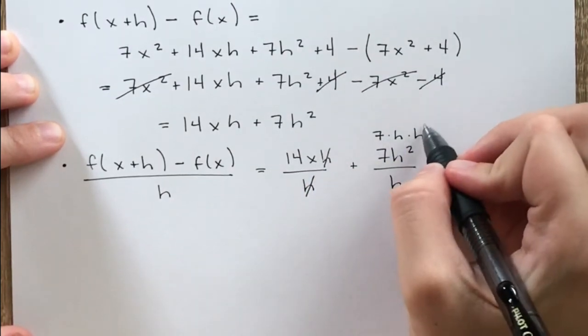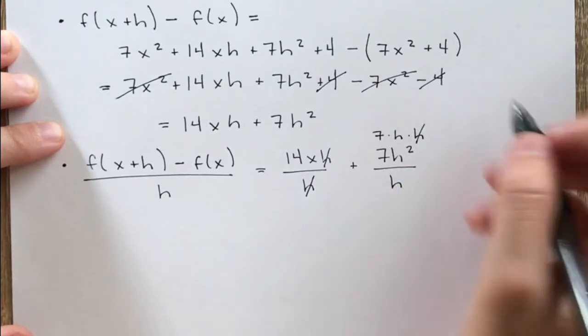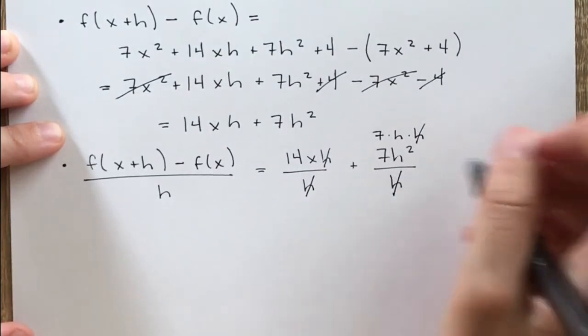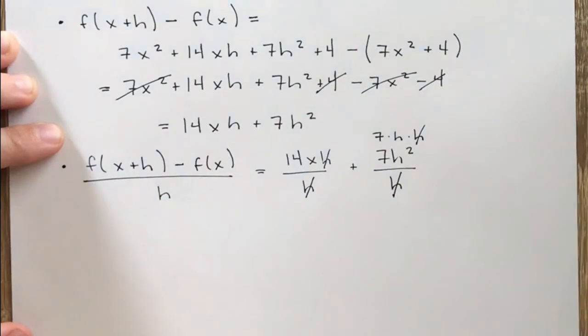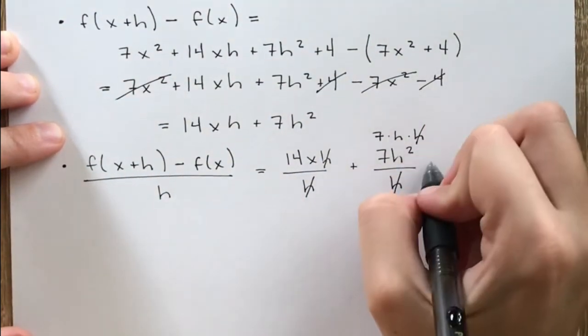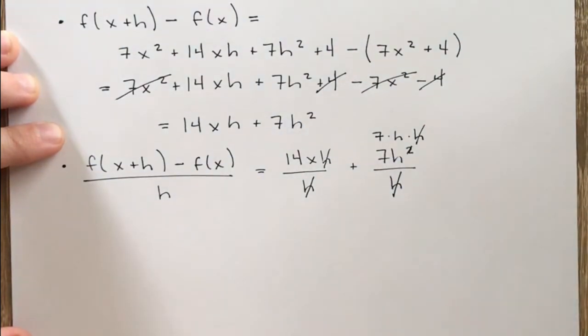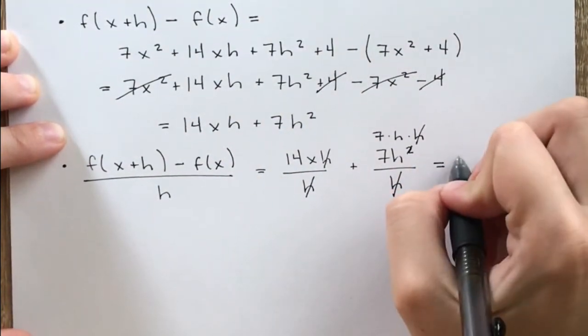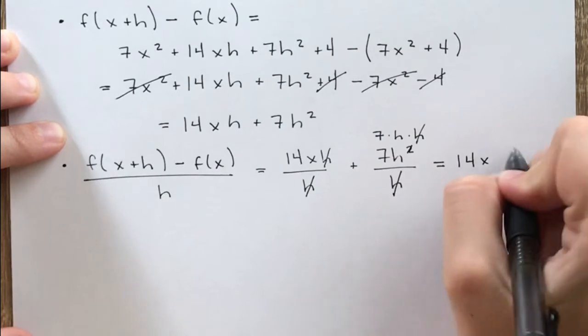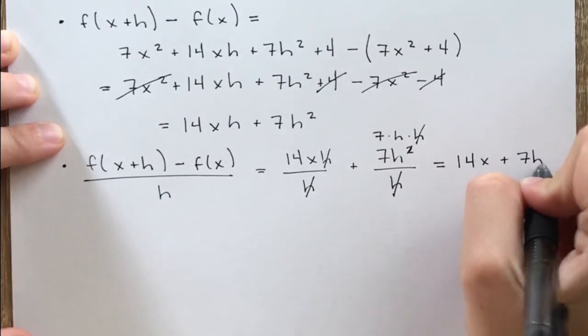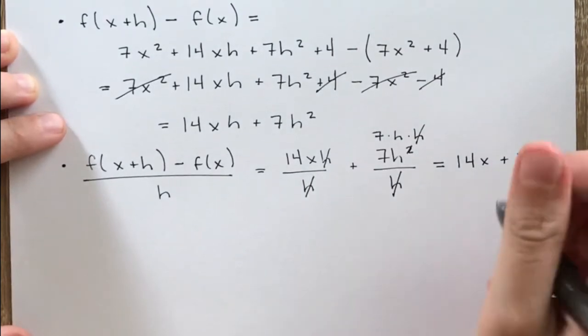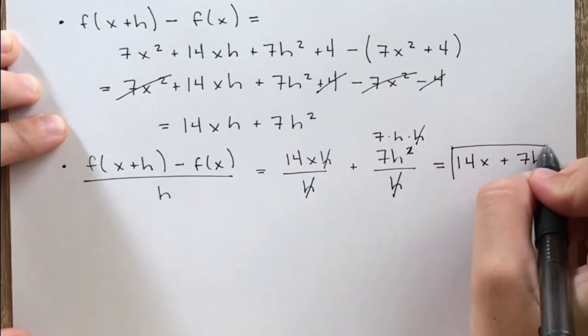So again, one of these multiplying h's will cancel with this h on the bottom. So we end up with just regular 7h. So my answer is 14x plus 7h. This is the difference quotient of f of x.